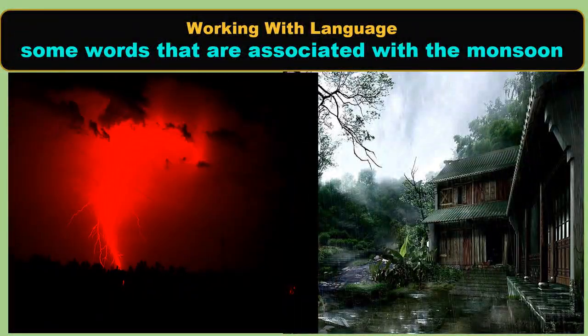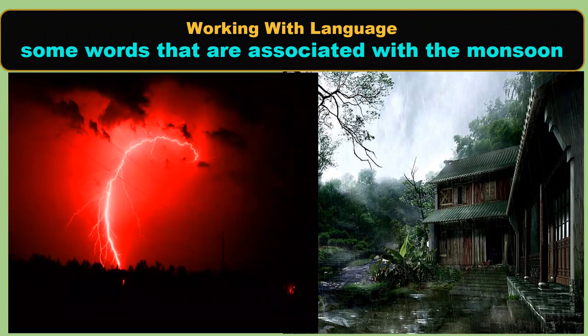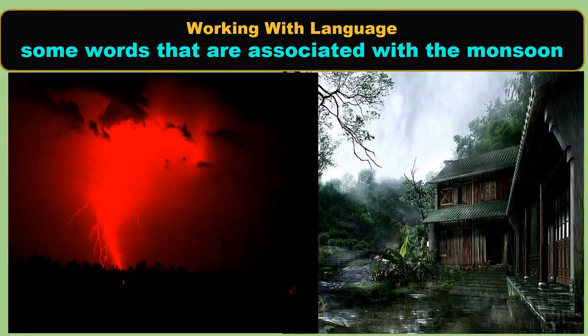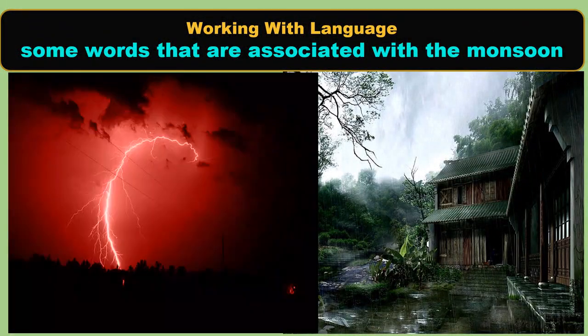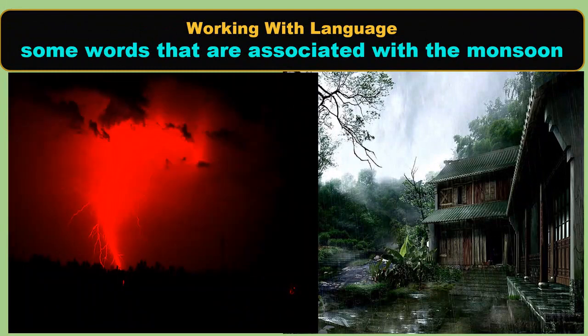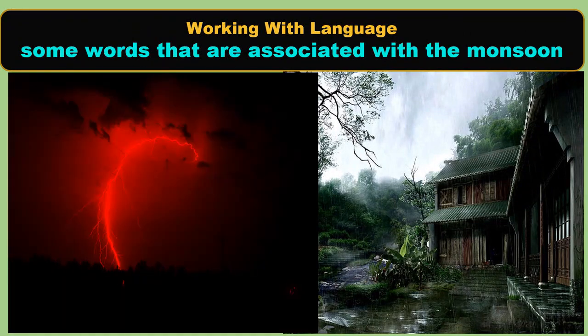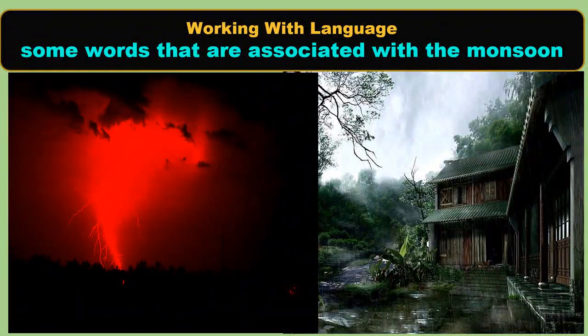Now, children, let us learn the words that are associated with the monsoon. What do you find in the picture? Just think and recollect what words usually come to your mind when you think about the monsoon.